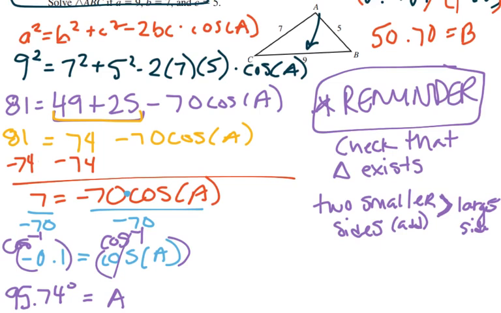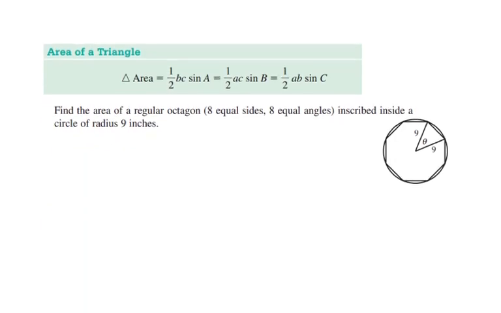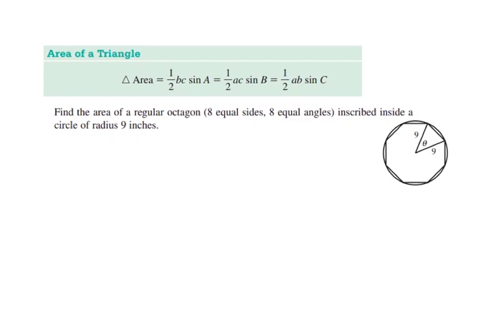So then we get to do a few more random formulas. If you took a look at your formula sheet, we have an area of a triangle. So if we want to find the area of this regular octagon, which is 8 equal sides and 8 equal angles, inscribed inside a circle of radius 9.